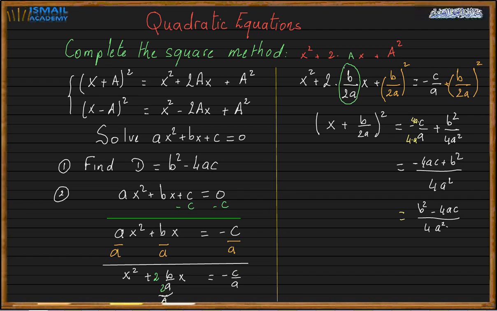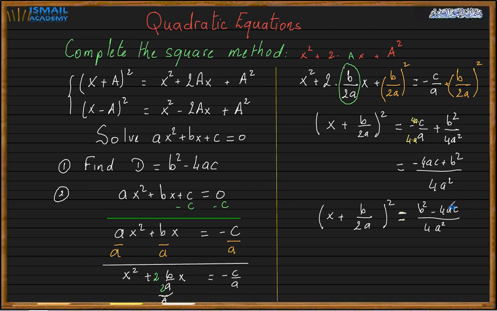Remember I told you at the beginning to find the discriminant, because at the beginning you know if that number is going to be positive or negative. So this is what you will end up with after you take the perfect square. Now we know ahead that a square is always positive. We know that 4a squared is positive because a squared is positive and 4 is positive, so we don't worry about that. We worry only about the expression that has a minus sign.